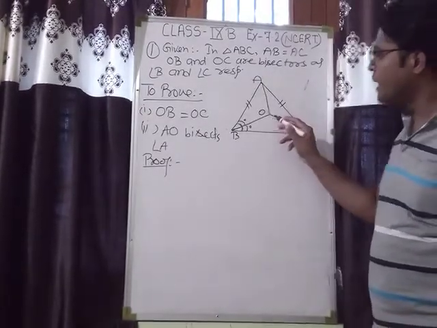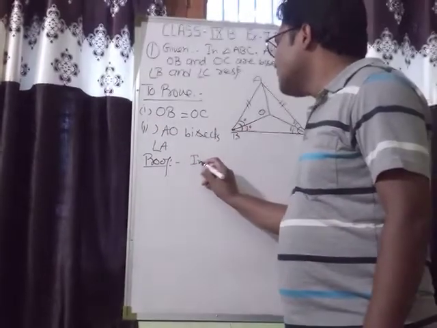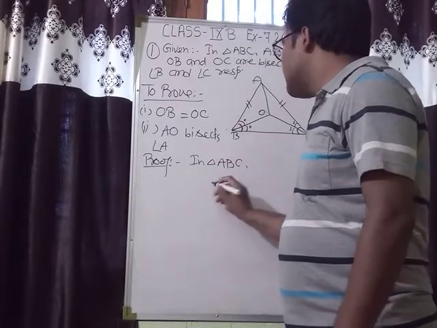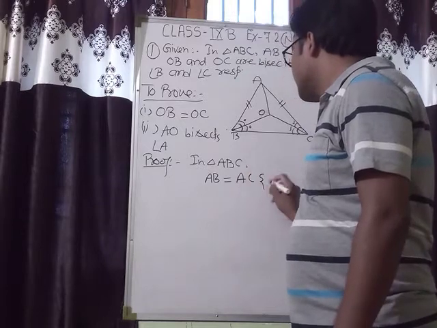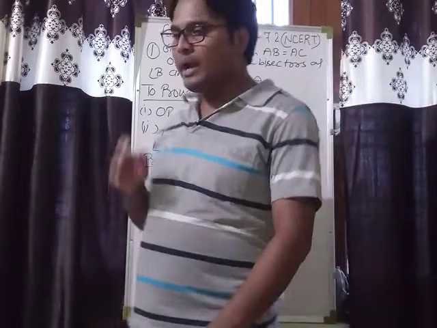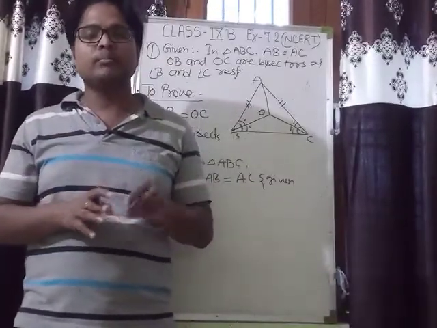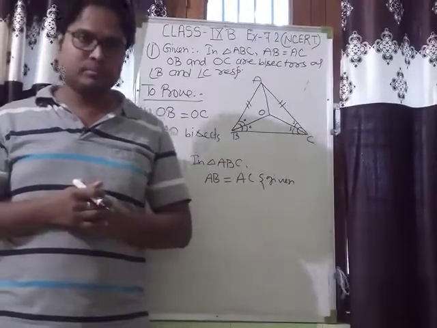Now we have to prove that OB is equal to OC. See, in triangle ABC it is given that AB is equal to AC. And we had already proved that in an isosceles triangle, angles opposite to equal sides are equal.